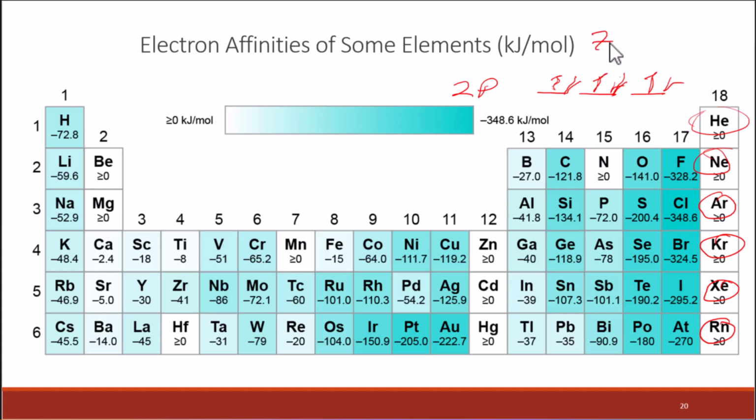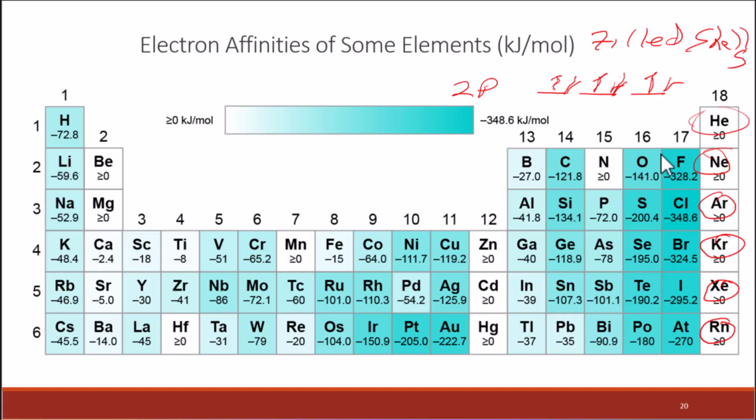Why? Because they all have filled shells, and so they're all electropositive. And we just explained why nitrogen, with its half-filled shell, has a greater than 0 electron affinity.